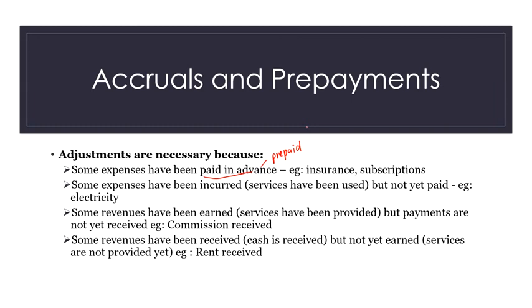So next, we need to make adjustments because some expenses have been incurred but not yet paid. For example, accrued electricity.